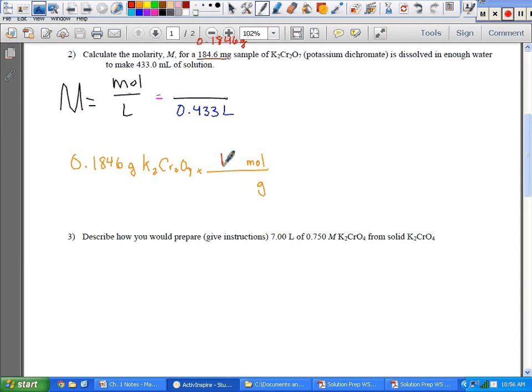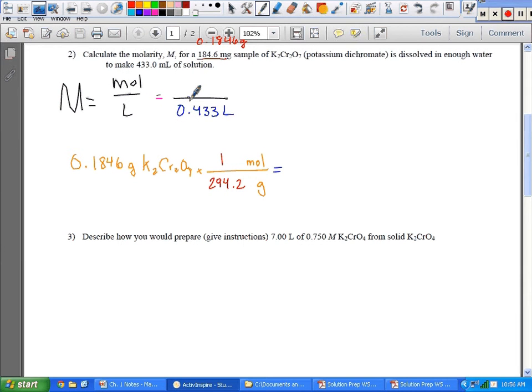Okay. The molar mass is, very good, Sarah, 294.2 grams. Now, I'm just going to write the word equal, and where is that number really going to go? That's going to give me what? Moles. But I don't want to have to write it twice, so I'm just going to write it above the liters.